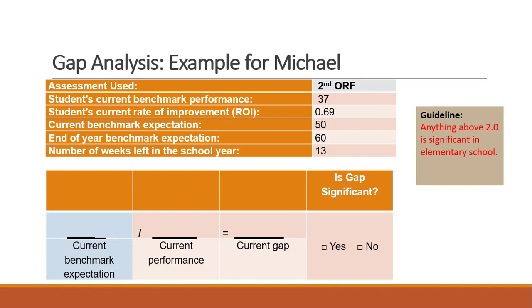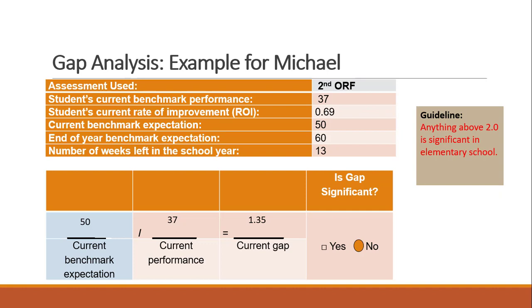So you would take some of this information that you have and fill in some of the parts of the table. So first would be the current benchmark expectation data, then you would have the current performance data, and then you get the current gap. So when we did that, we have a gap of 1.35. It's not quite the 2.0 we would need, and so the gap is not significant.